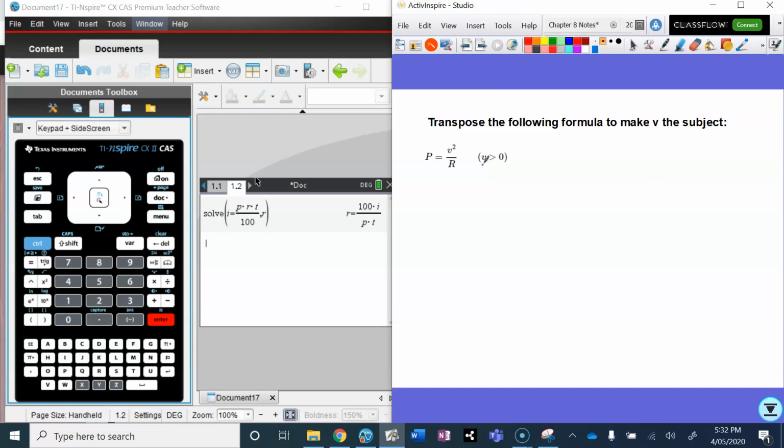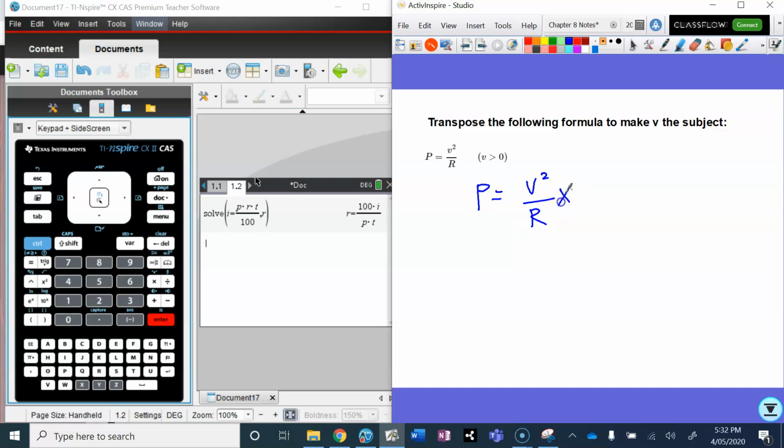So when we're doing this example, if we have P is equal to V squared over R, and what I want to do is try and rearrange it so V is on its own. At the moment, V's been squared and V's also been divided by R. So I've got to undo those things first of all.